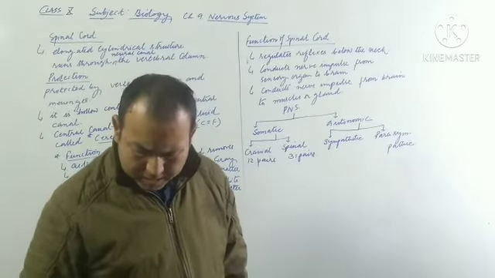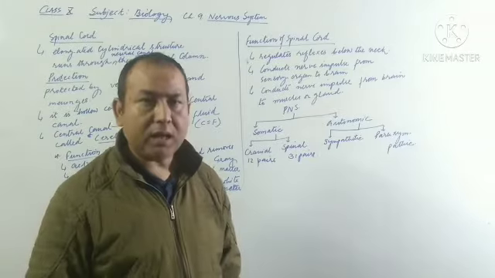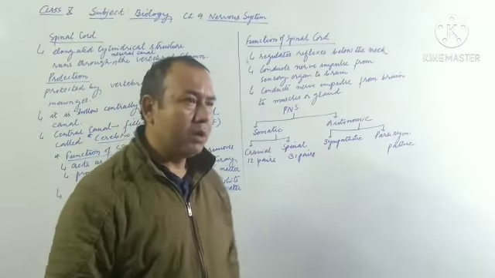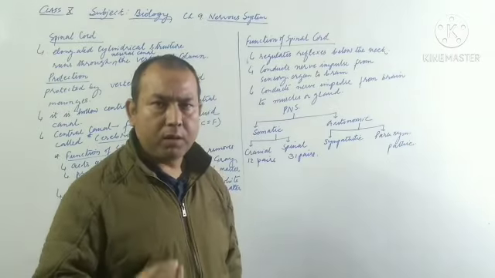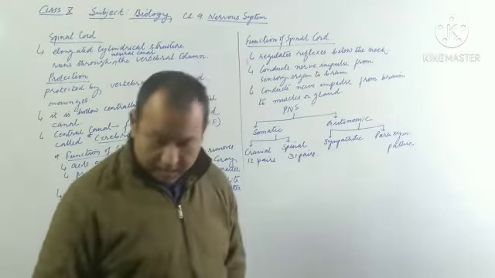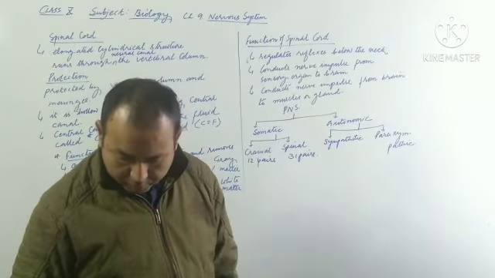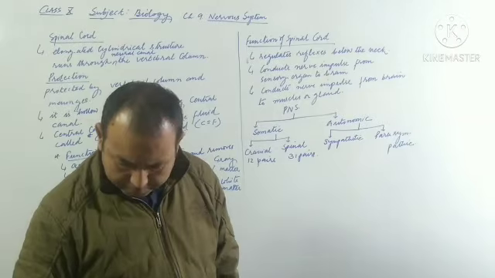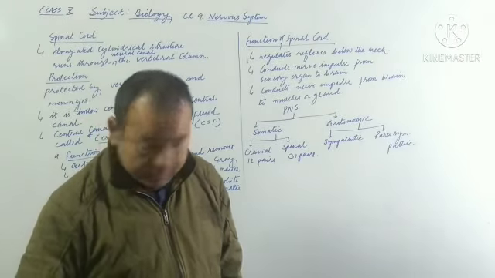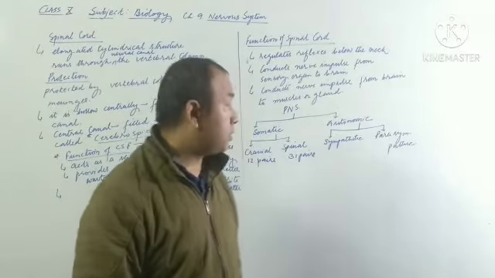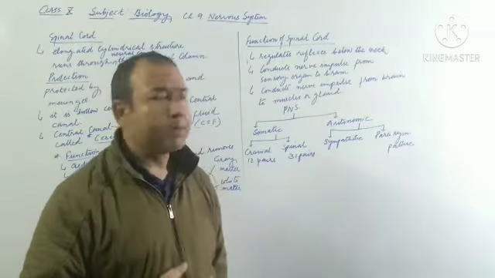In the same way, other things are also given, like dilation and constriction of the pupil. When we enter a dark room, our pupil usually dilates; it becomes larger. Dilation is mainly brought about by the sympathetic nervous system, and constriction is brought about by the parasympathetic nervous system.